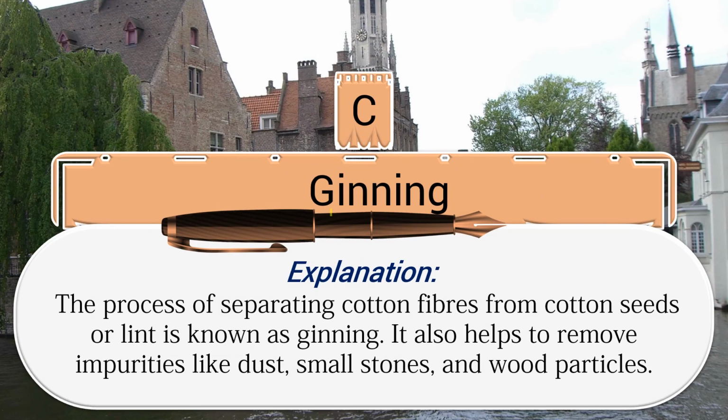The answer is ginning. The process of separating cotton fiber, or what we call lint, from cotton seed is known as ginning. It helps to remove the impurities such as dust, small stones, and wood particles. So when we are removing seeds from cotton fiber, that process is called ginning.